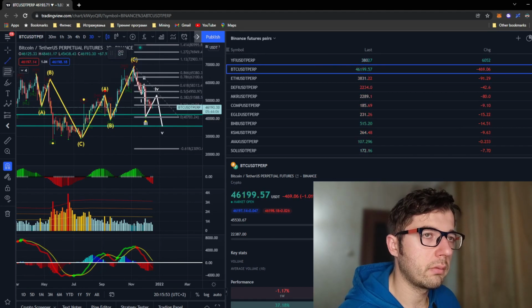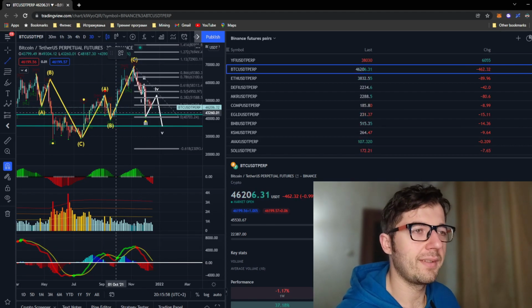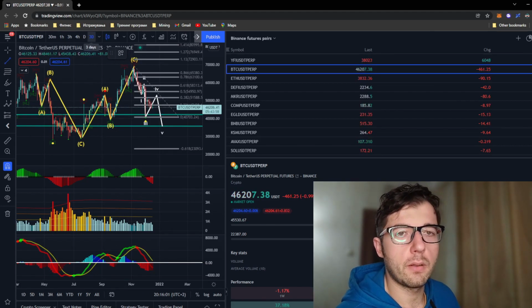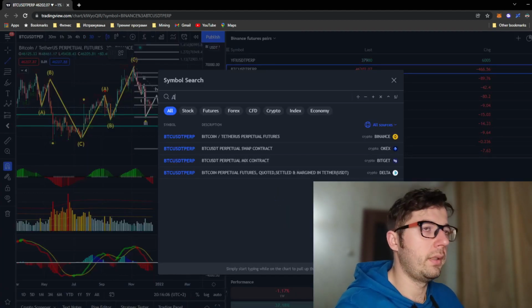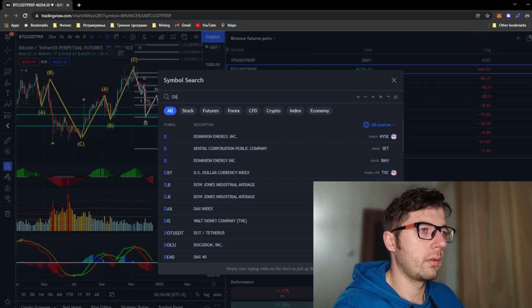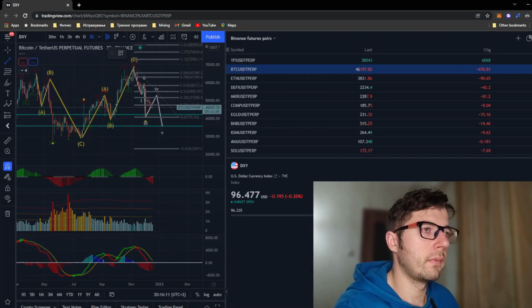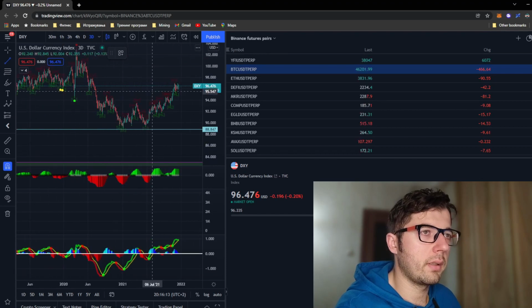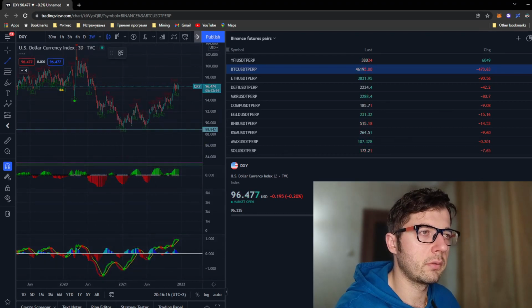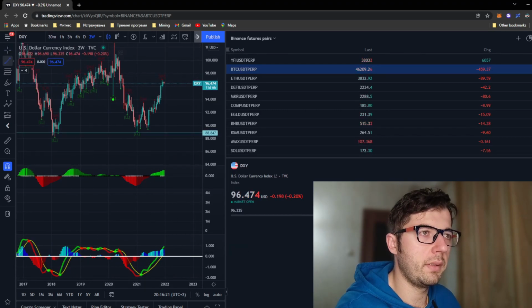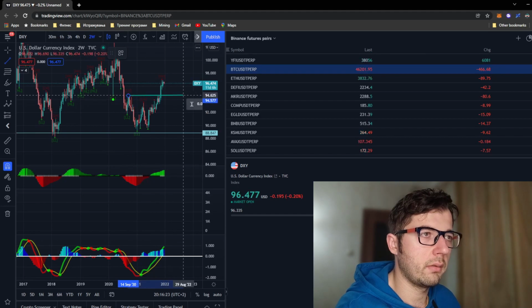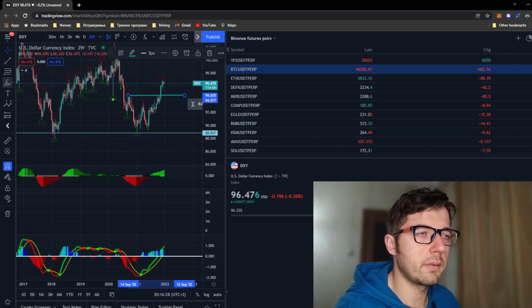But right now there is some unfortunate news: the chart is bearish, and that's because the dollar is rising, and you can see the DXY index is in a clear uptrend. If this comes here, then the probability will be going higher, but right now it's at resistance.